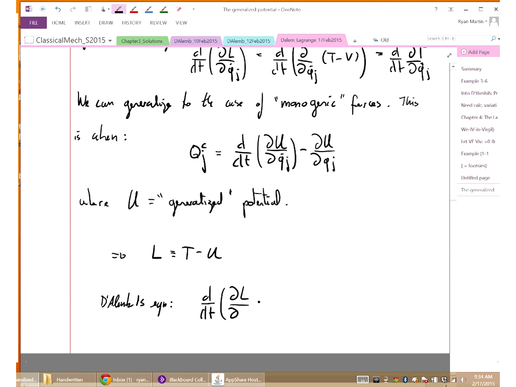So we'll say that d/dt of ∂L/∂Qj dot minus ∂L/∂Qj will be equal to the non-monogenic forces.